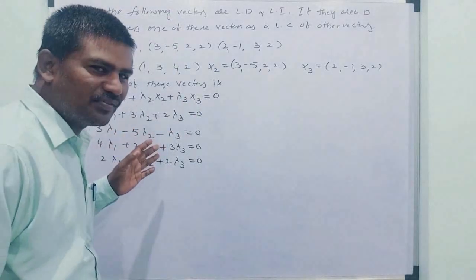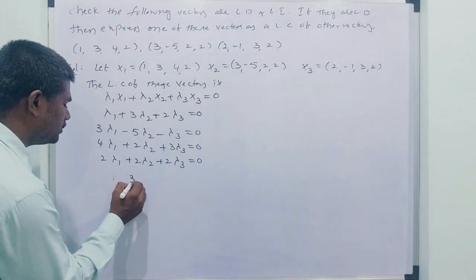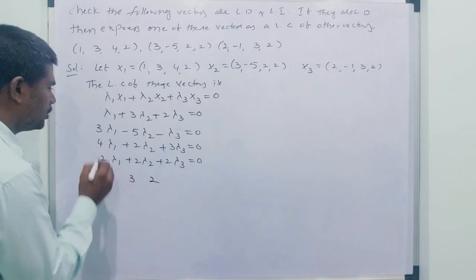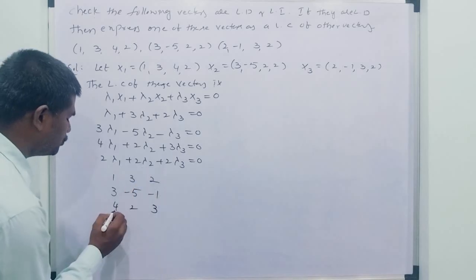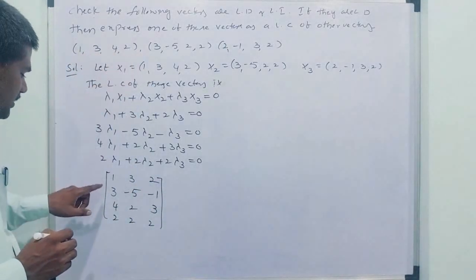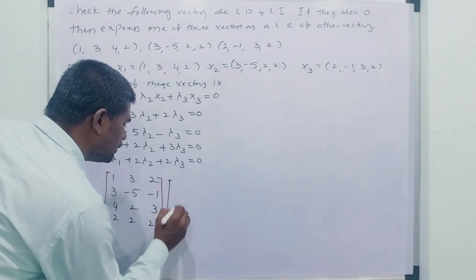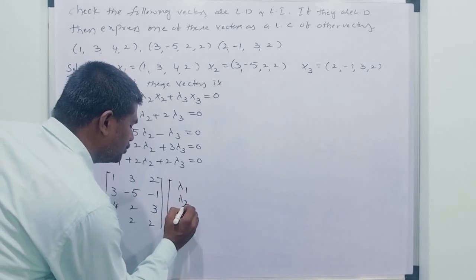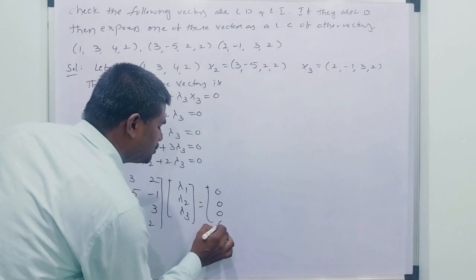Let us solve the system of equations. So 1, 3, 2. 3, minus 5, minus 1. 4, 2, 3. 2, 2, 2. What you have noticed here? The vectors which are given are written as columns, multiplied by lambda 1, lambda 2, lambda 3, equal to 0, 0, 0, 0.